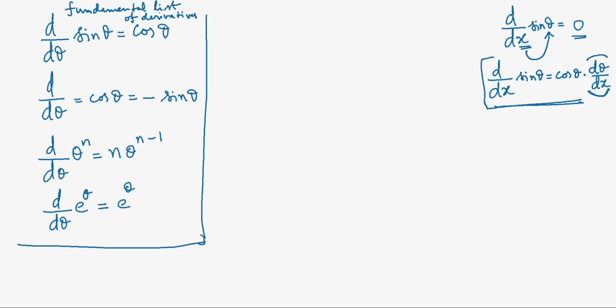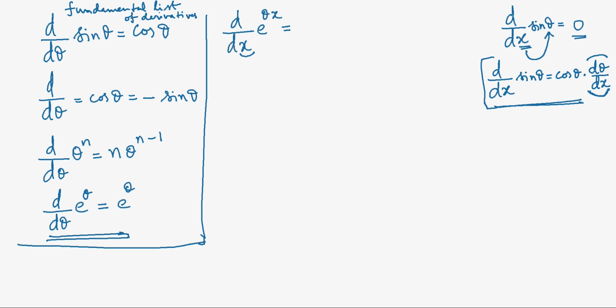So like that, let me put an example. Can we find d by dx of e power theta x? Yes, uncle. We know that when the differentiating variable and the power argument of e are exactly the same, the answer is the exponential of that.